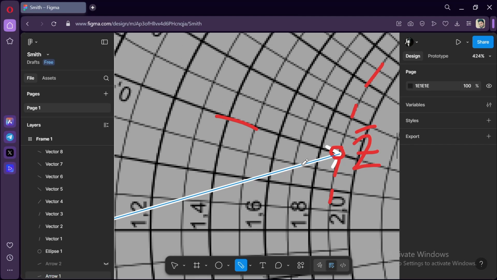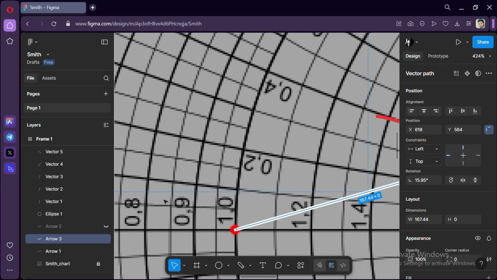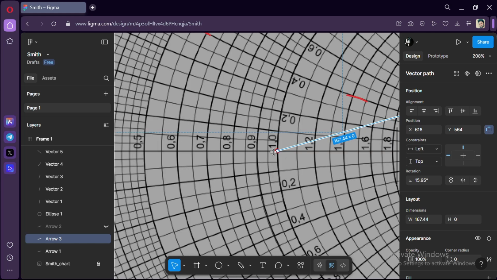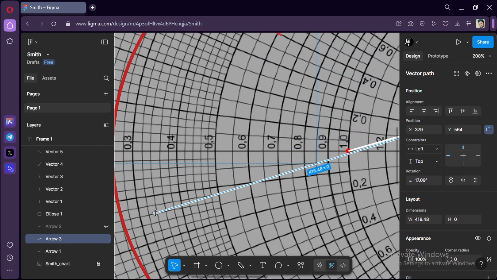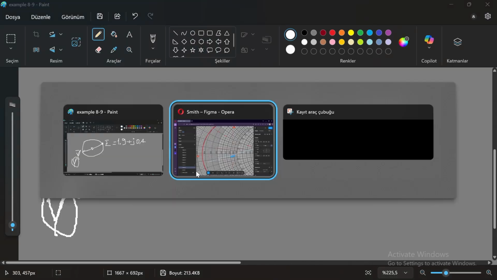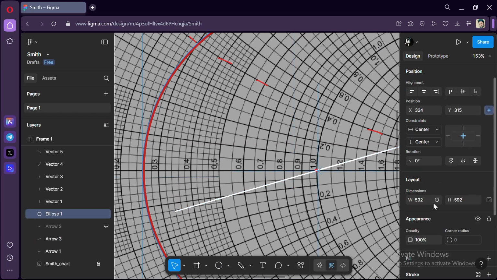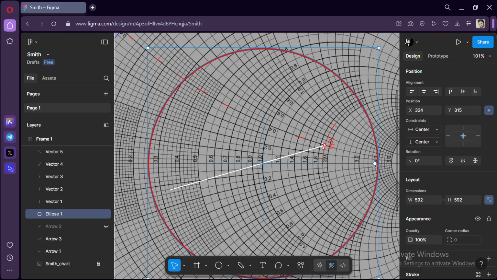For that, let me duplicate this one and zoom out a little. We need the intersection point with the SWR circle, so let's also take this one and make sure the width and height are locked, so we have a circle and not an ellipse.